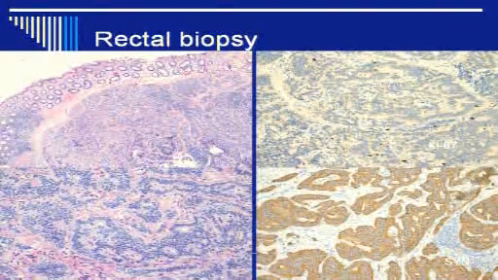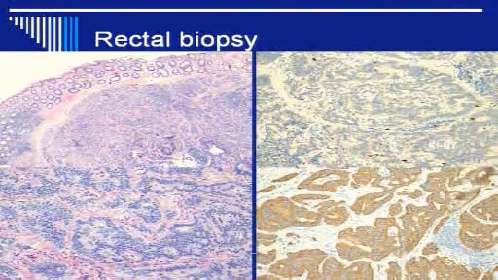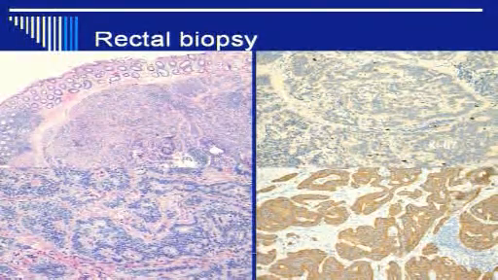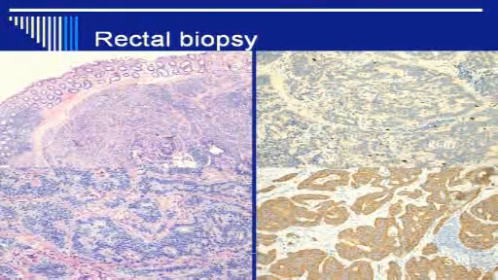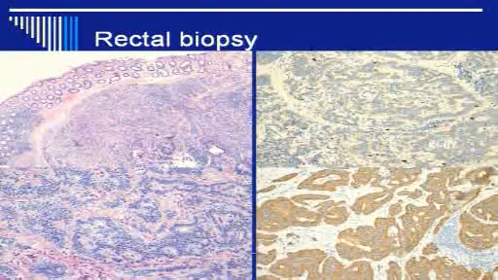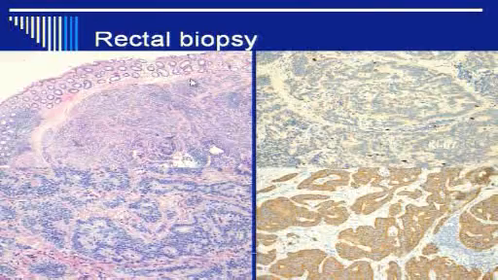The tumor is composed of these glandular or pseudoglandular arrangements of very monomorphous looking cells. That means they resemble each other.